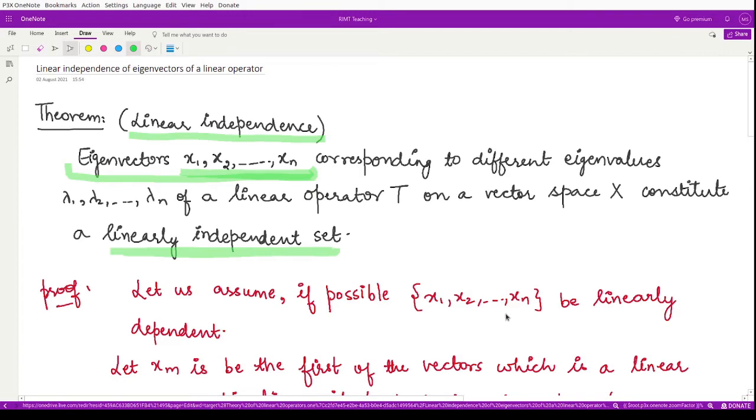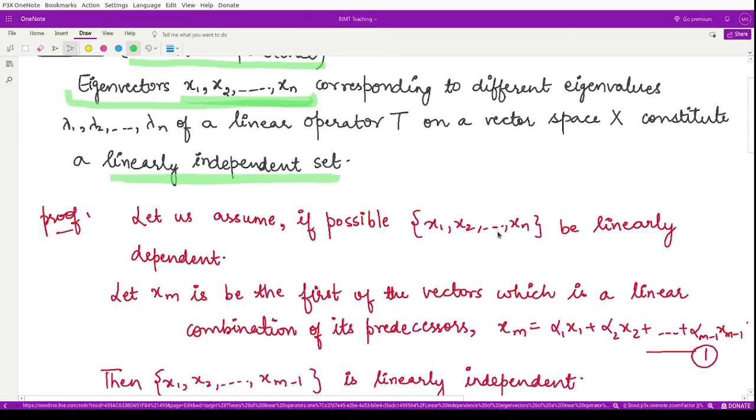Now if this set is linearly dependent, that means some of the elements here could be written as a linear combination of other elements.